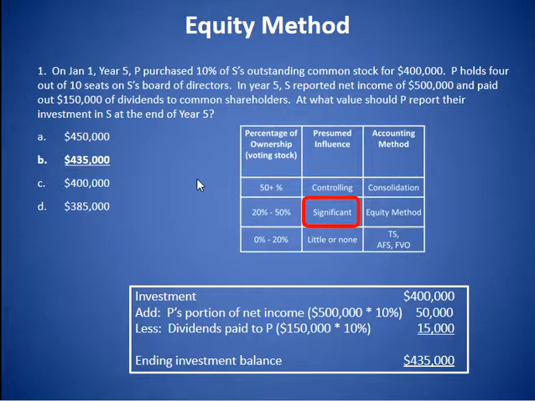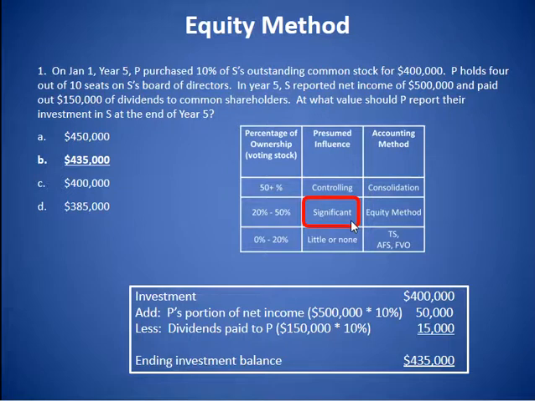However, on the other hand, what we are also told is that P holds 4 out of 10 seats on S's board of directors. So typically, if you're holding four seats on S's board of directors, you probably have a significant amount of influence within S corporation's financial and operational decision making.